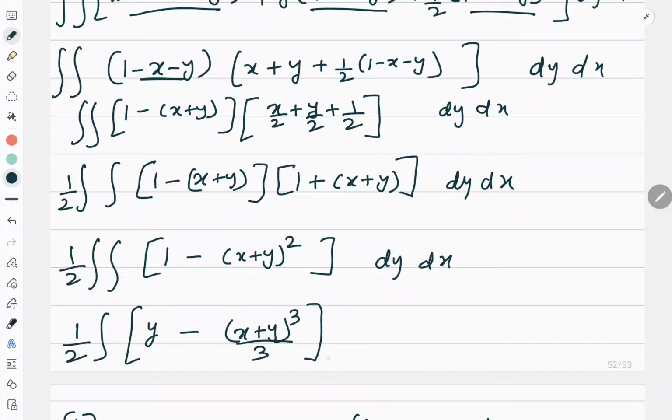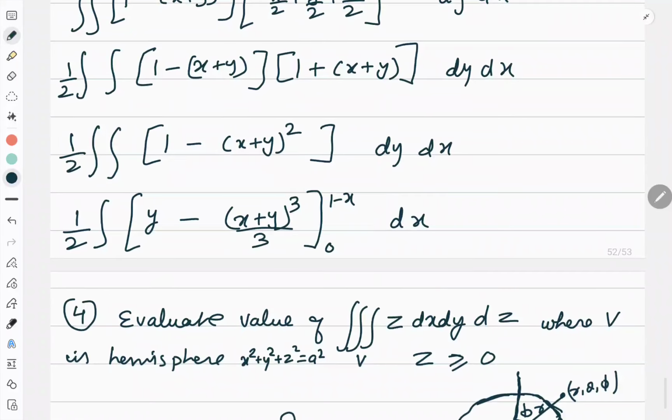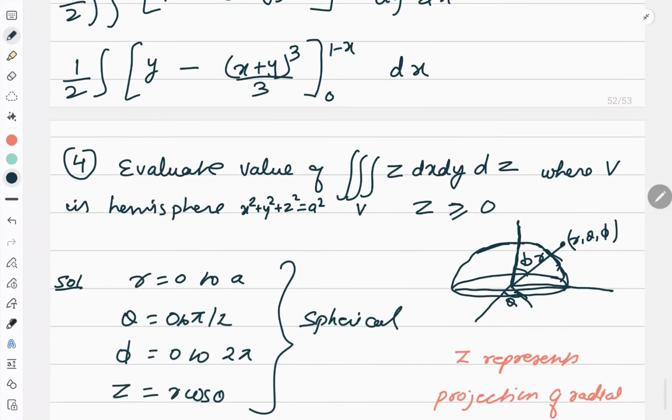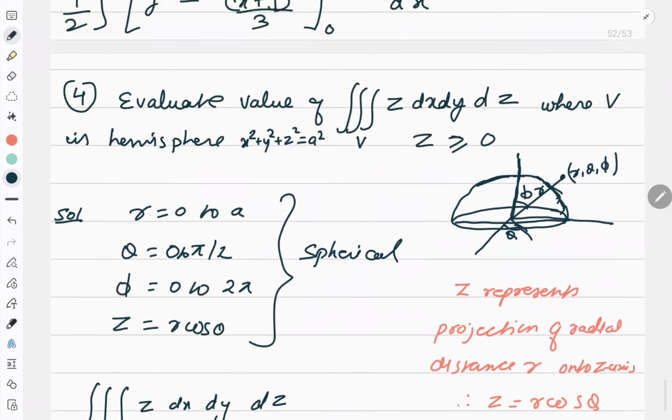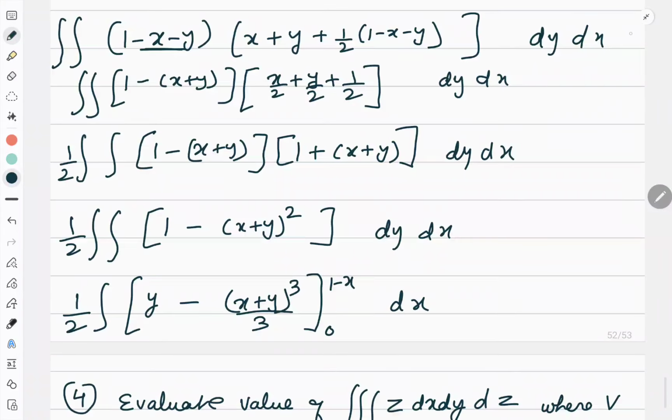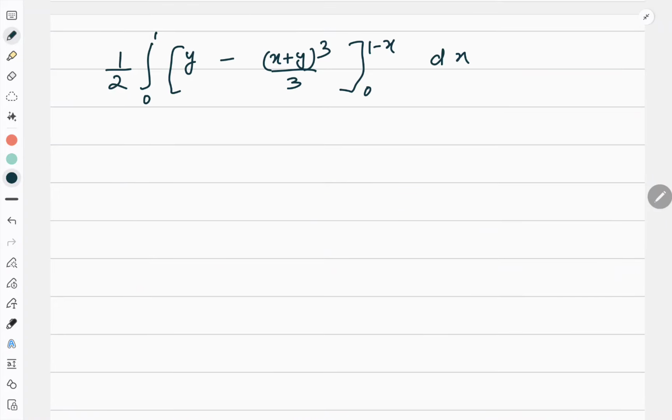And what is the limit? Limit is 0 to 1 minus x, dx. Now I will put the limit. Here I have already written one question, so I'll just scroll down and move to the next page. Just 1 second, I'll add one page. Okay. So now I'll start from this point again.